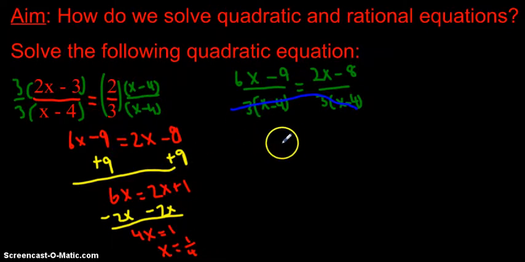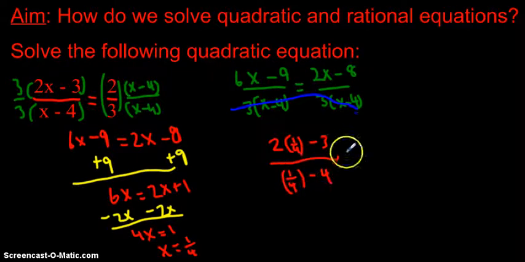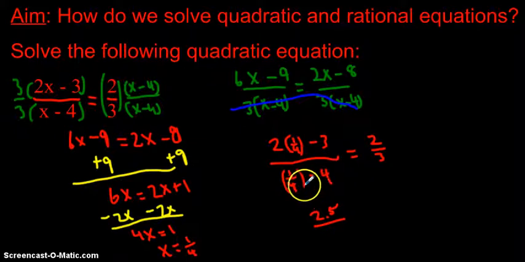So checking that in the original problem, we have 2 times 1/4 minus 3 over 1/4 minus 4 should be equal to 2/3. Let's check. So this is 1/2 minus 3. This is 1/4 minus 4. This doesn't look right.